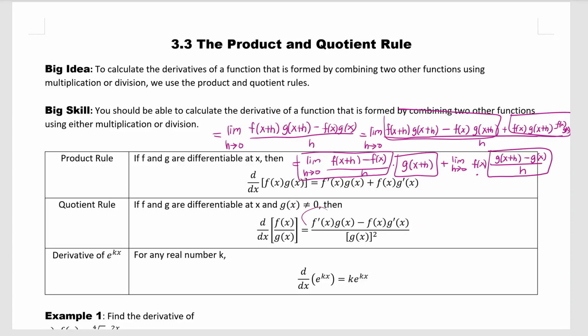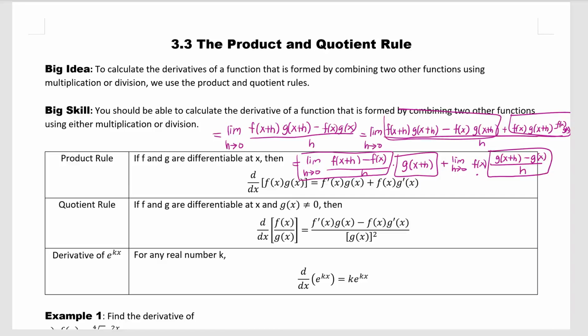So it should be the top guy prime times the bottom guy, minus the top guy times the bottom guy prime, over the bottom guy squared. That is the quotient rule. We're not going to prove the quotient rule here because it's more complicated and takes more time. But if you're interested, please read your textbook or come to see me. I'm very happy to go over it with you.